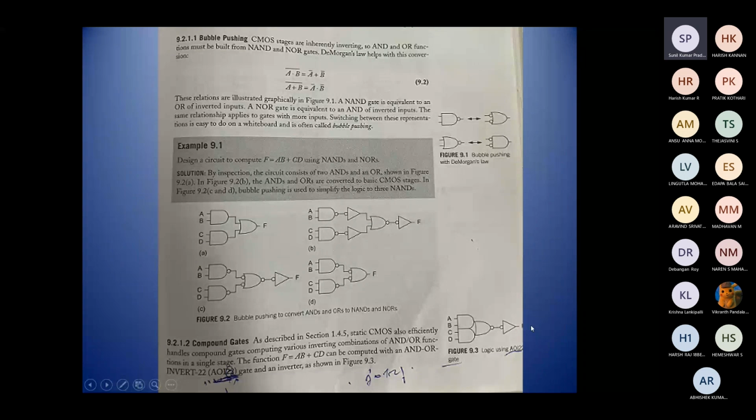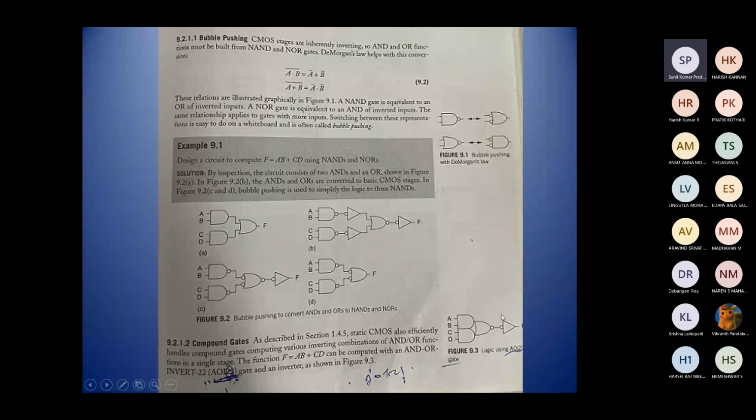Okay. Now, whatever we discussed so far, static CMOS efficiently handles the compound gates, computing various inverting combinations of AND or OR functions in a single stage. Now, for example, here we take the output AB plus CD, which can be computed with an AND-OR-invert operation.